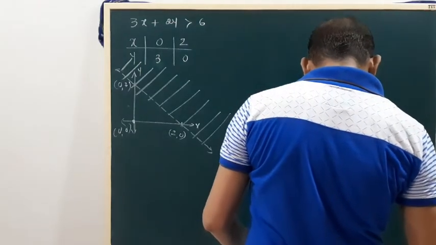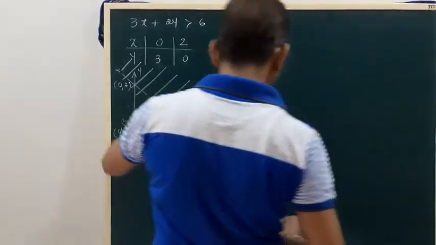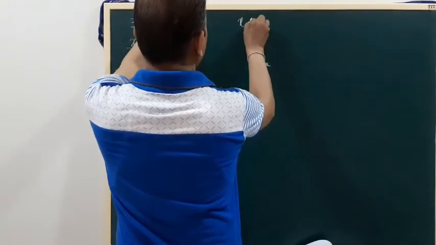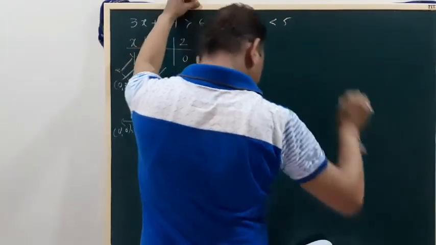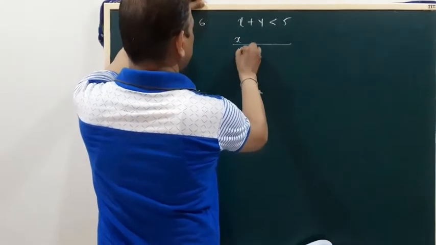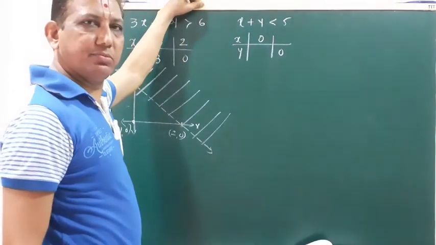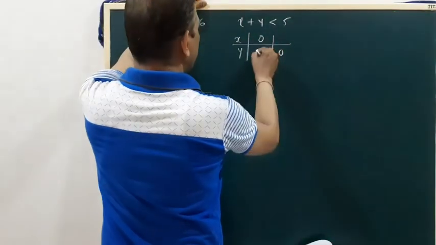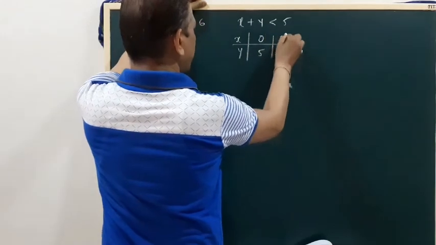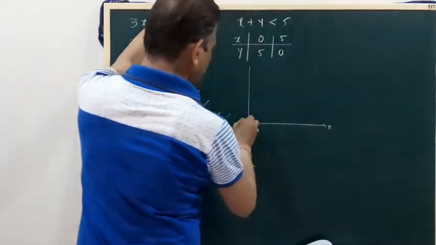So that was example number 9. Now we discuss exercise 6.2, question number 1: x plus y less than 5. First we prepare the table. Put x equal to 0, y is 5; y equal to 0, x is 5. Again both values are positive.